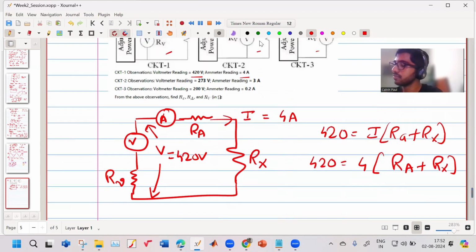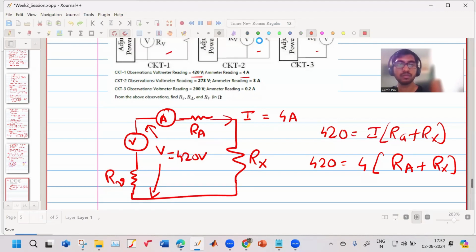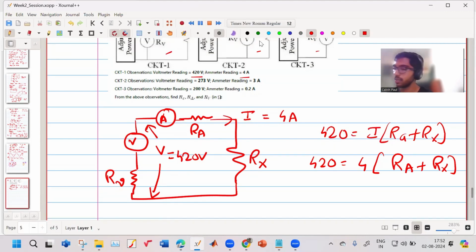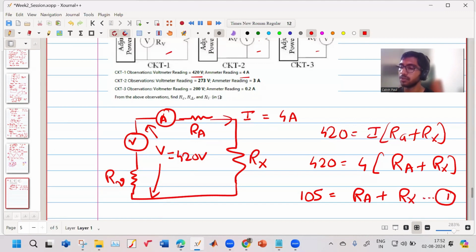Can anyone tell me? 210. 210, sir. Oh, sorry. 105. Yes. So 105 is equal to RA plus Rx. This is my equation 1.